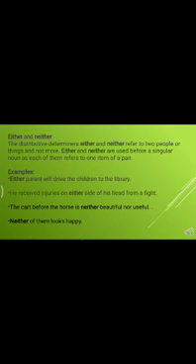For example, either parent will drive the children to the library means either mother or father. He received injuries on either side of his head from a fight. The cart before the horse is neither beautiful nor useful. Neither of them looks happy.